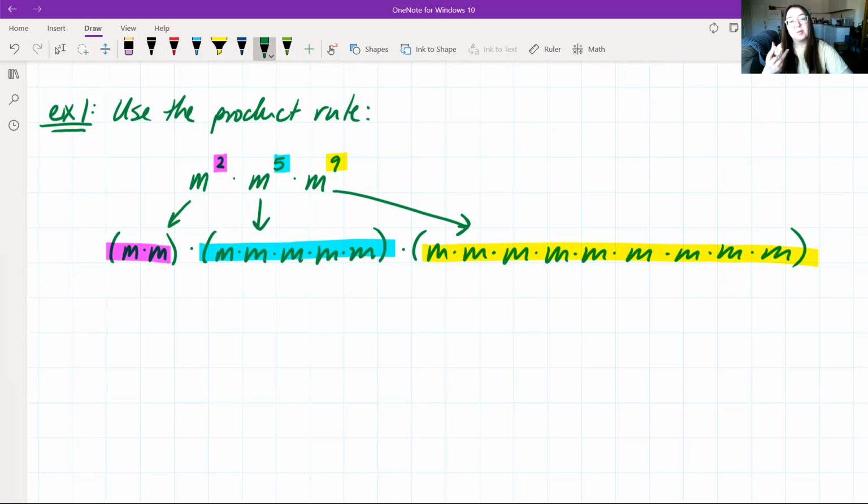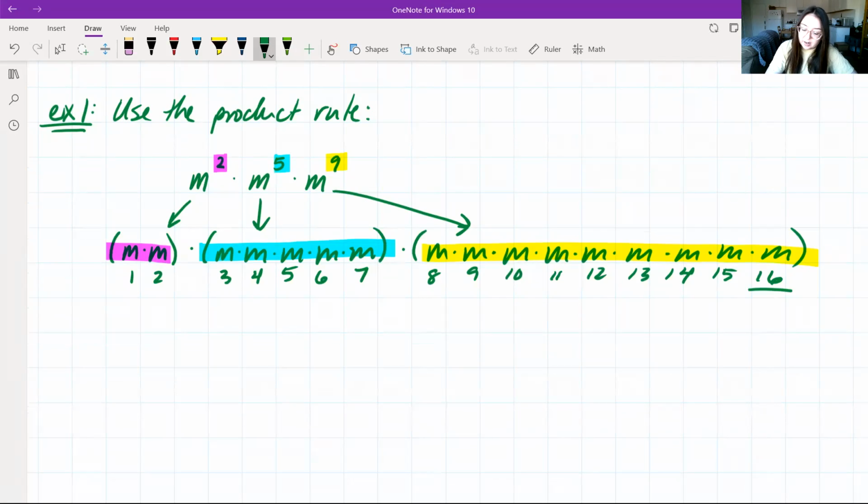And now we can go ahead and count all of our m's that we have. So we have 2 m's here, which we know. So we have 1, 2, 3, 4, 5, 6, 7, 8, 9, 10, 11, 12, 13, 14, 15, and 16. So there's 16 m's here.